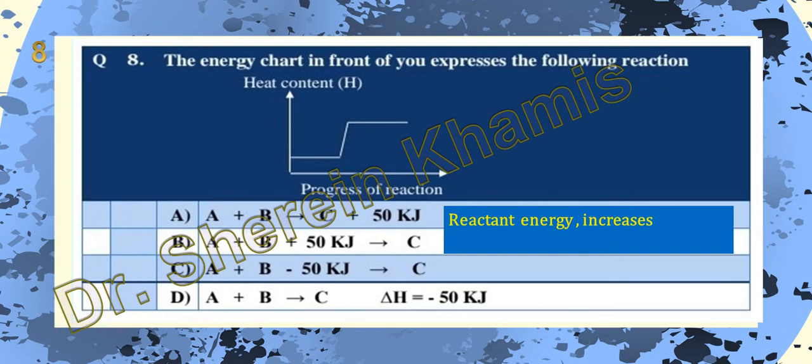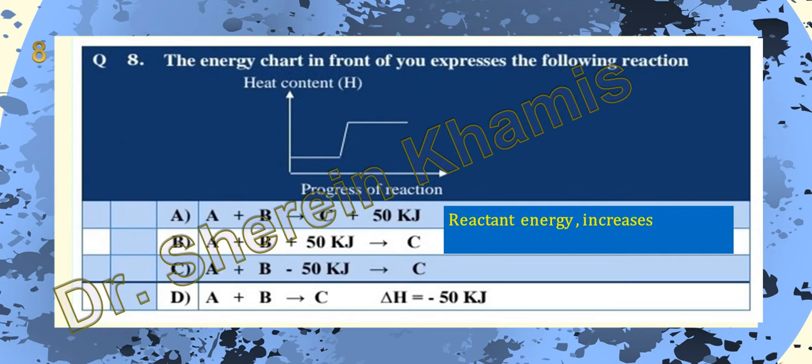We have the energy that we give to the reactant. Okay, if we have two choices, B and C, we have plus and negative. We didn't put any negative sign in the equation, as we are adding energy to the reaction, so it will not have a negative sign.